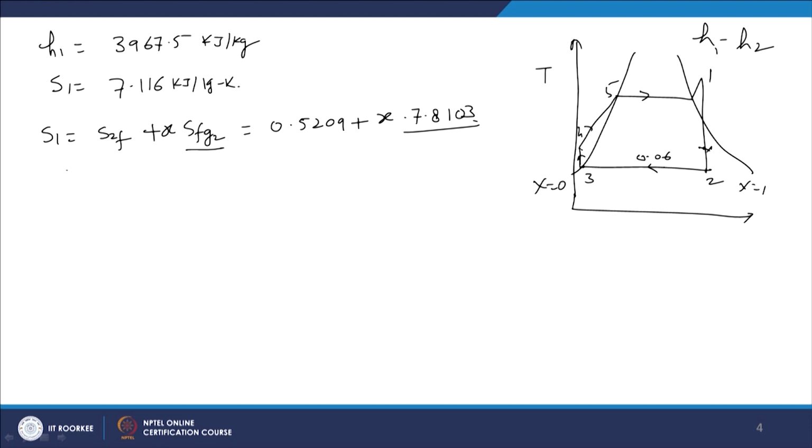This is equal to S1, which is 7.116. So 7.116 is equal to 0.5209, the entropy of the liquid at 0.06 bar, plus the quality of vapor multiplied by the change in entropy from liquid to vapor phase. From here we get the value of x as 0.844.